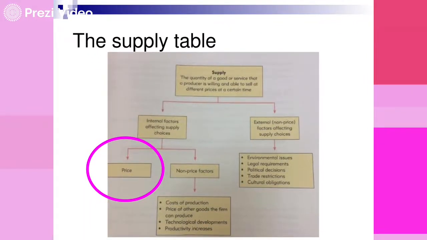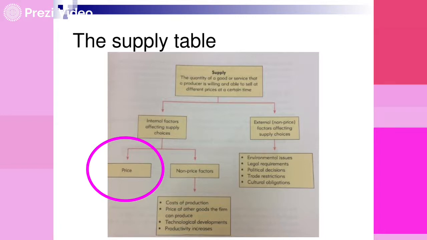So if we were to break down the whole topic of supply, at the top there you see that it has the definition of supply. We then break it down into internal factors that affect supply and then external factors. So price is just one small category that we've learned about, okay? And that's going to create a price change on your graph.